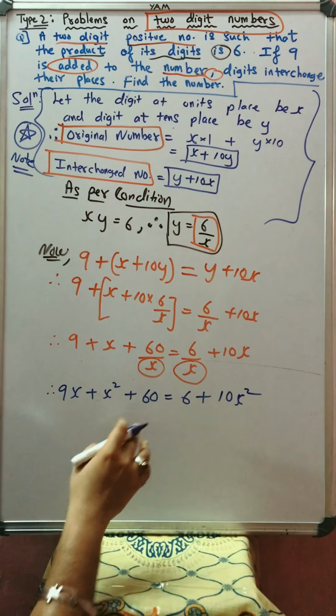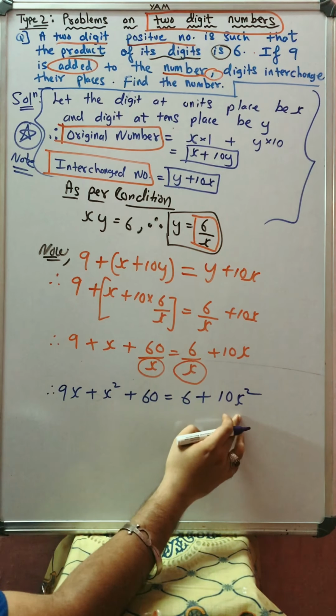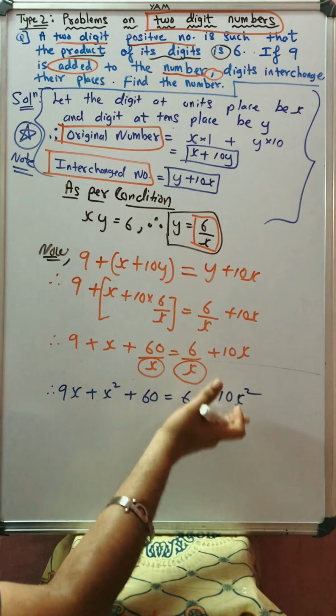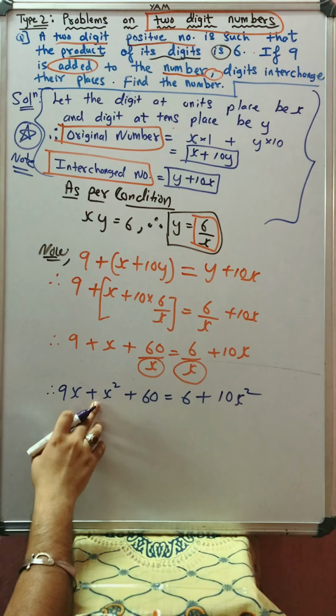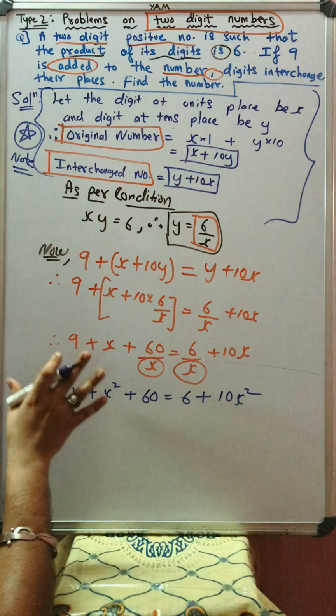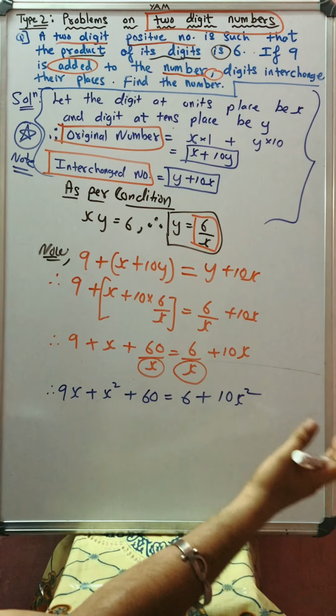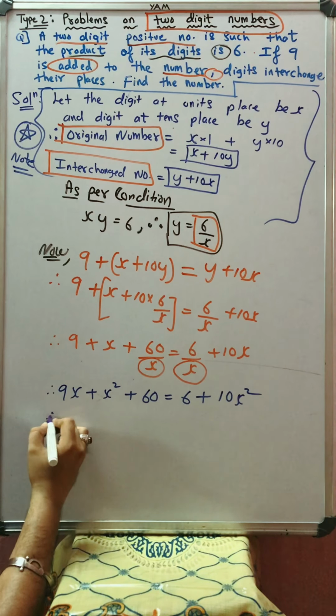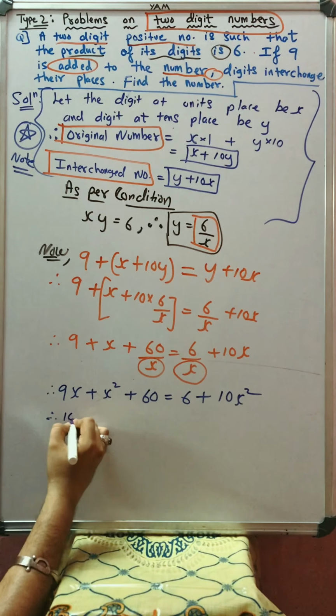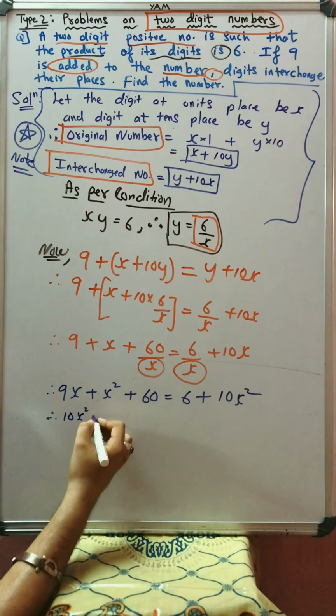I can see here the x square term is on the higher side on the right hand side, and here it is lower. So I take all the left hand side terms to the right hand side. Therefore first I'll copy this 10x square plus 6.